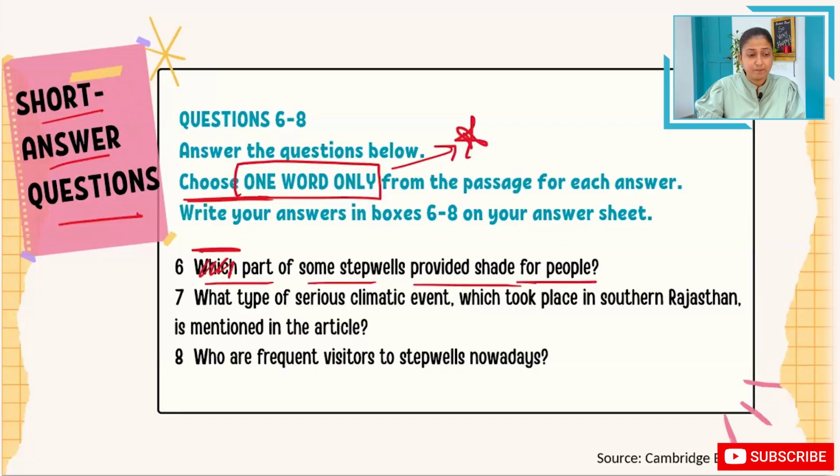It says write or choose one word only. You cannot choose more than one word to answer these questions. If you do, your answer would be wrong. I hope you are understanding. So these instructions here are very, very important.